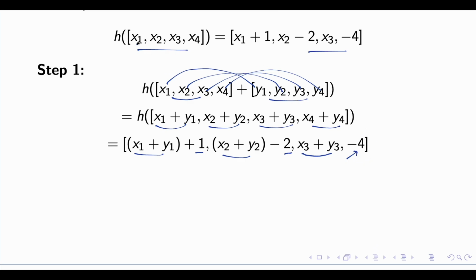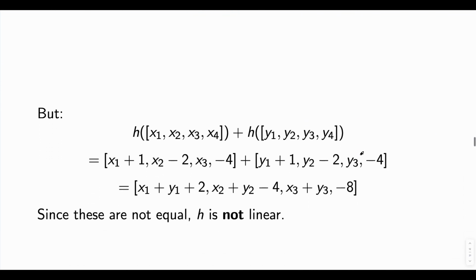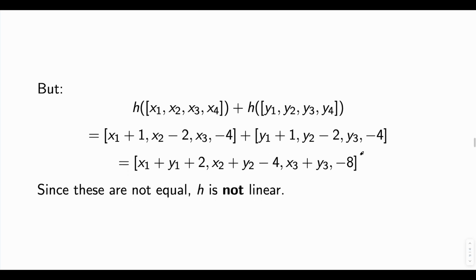So one side, H of u plus v, I have calculated. Now I have to see H of u plus H of v separately and see whether they are equal or not. While adding these two we are getting minus 8. That is not at all equal. So the left hand side and right hand side are not equal, so this is not a linear transformation.